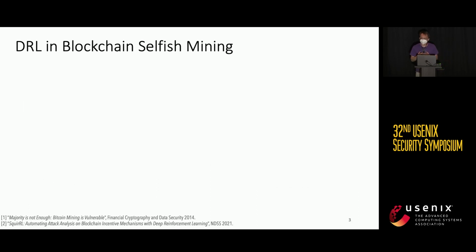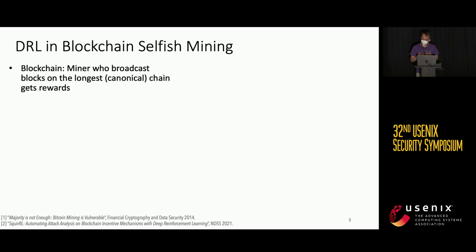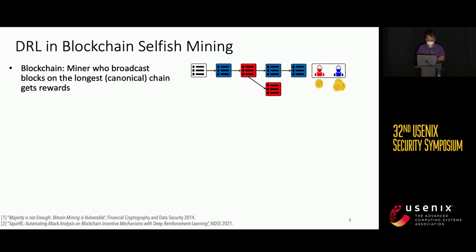Recently, researchers have been doing excellent work on using reinforcement learning in security applications. There are actually many of them, for example malware detection and network APT detection. Here I'm going to use blockchain selfish mining as an example. Again, some background about blockchain mining, which I will keep very simple.